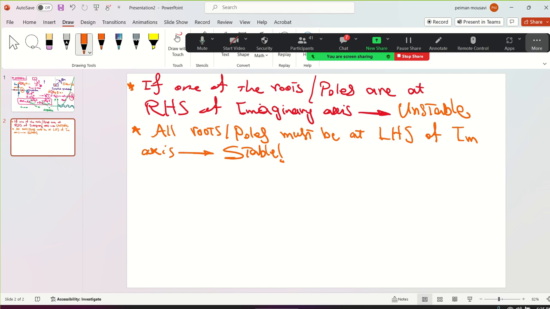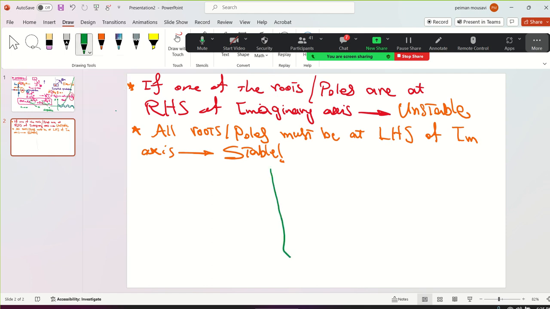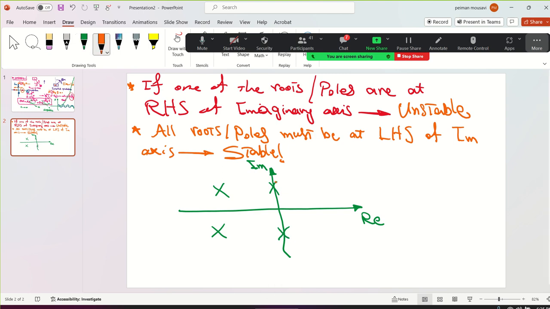So if I want to compact this in a CD in your mind, if you have a system like this in the complex plane, you have this kind of poles. Let me change the colors.